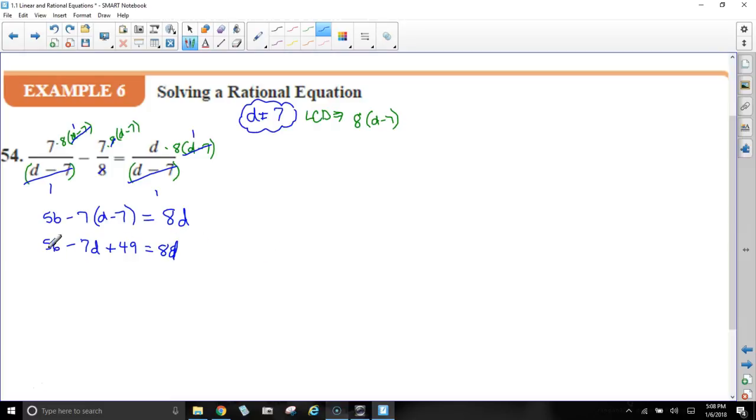Now I'm going to combine the 56 and the 49, and let me go ahead and add 7d to both sides. 56 plus 49 gives us 105. 8d and 7d combine to give us 15d. Solving for d, divide both sides by 15. And 105 divided by 15 comes out to be 7.